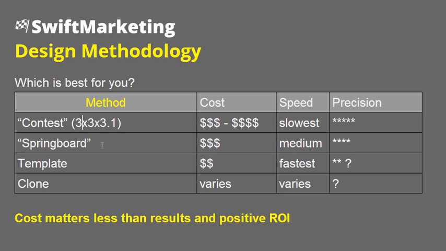If you start to do a lot of notes once you're in the execution stage, it is going to get more expensive. So it's always cheaper, if you're not sure about what it is that you want, to do a contest design methodology from the beginning, and really hone in when you're in the mock-up stage what the look and feel is, so that once you get to the execution stage and all the, let's say, Photoshop files are converted to actual working code, once you're modifying the working code, that's when it can get more expensive.